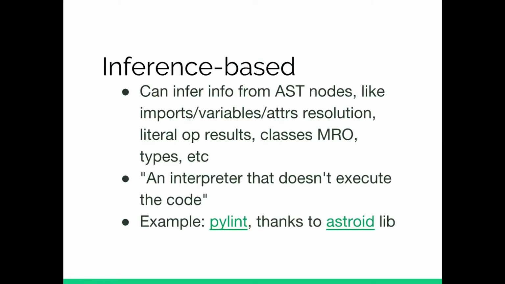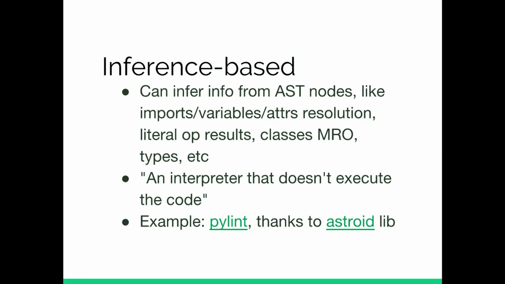Inference-based means that we can infer info from the AST. We can infer things like imports, variables, attribute resolution, literal operation results, class method resolution, or the types, many kinds of things we can infer just by looking at the AST. And it's like an interpreter that doesn't execute the code.